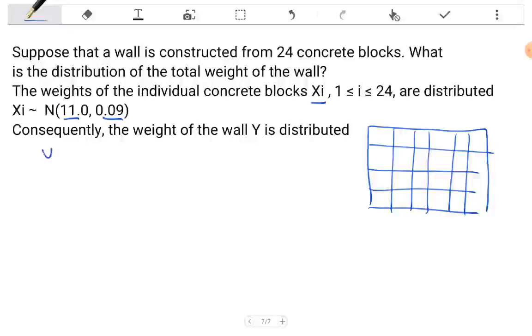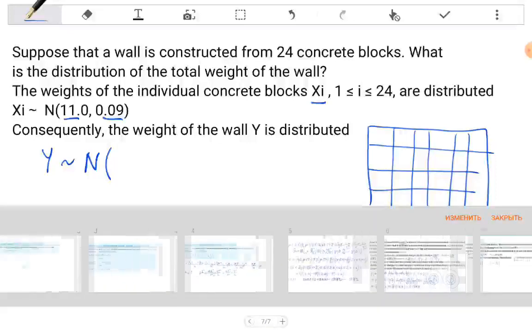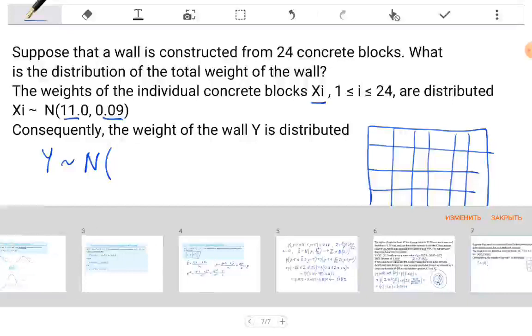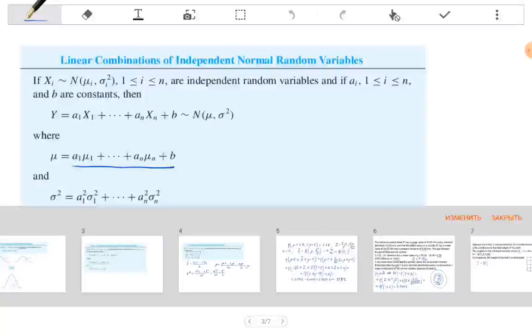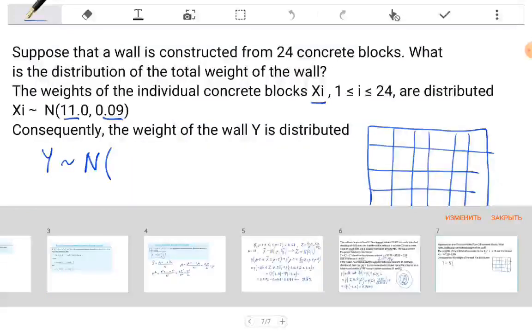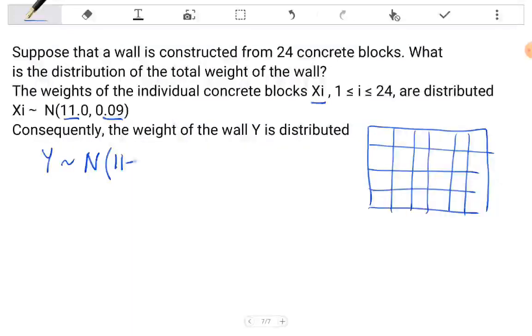It is distributed, again, as a normal distribution. And when we talk about the sum, remember what we had. When we talked about the sum, you can see that the mean is just the sum, and the variance is also just the sum, right? So this is 11 plus 11 plus 11, 24 times.